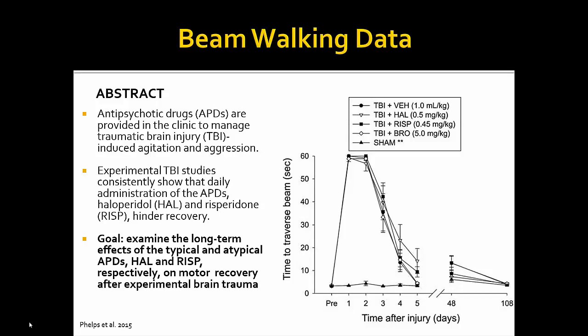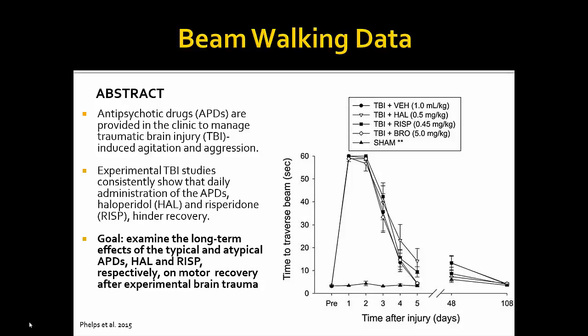And then, so this is an example of data that uses looking at beam walk. So there was this idea that antipsychotic drugs to manage traumatic brain injury, and then they show that the administration of these hindered recovery.